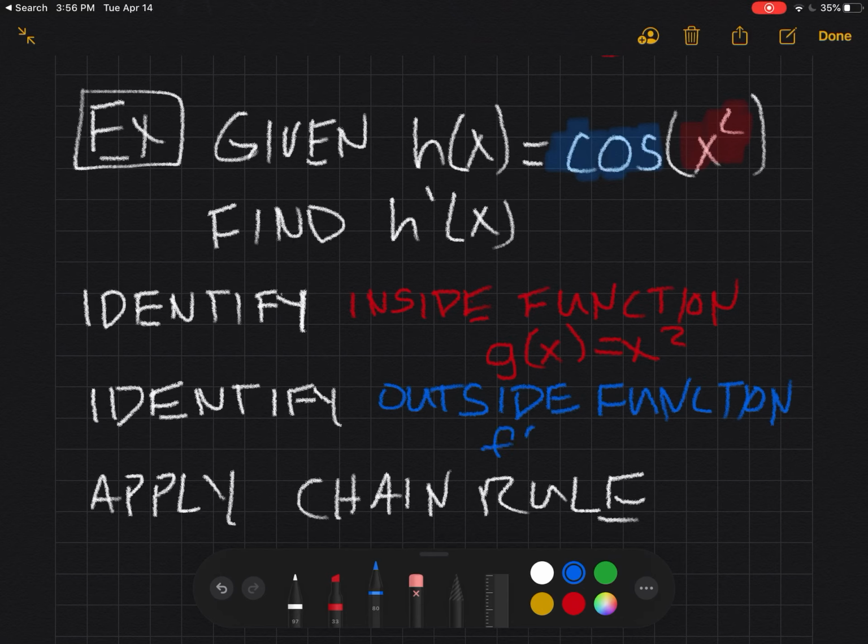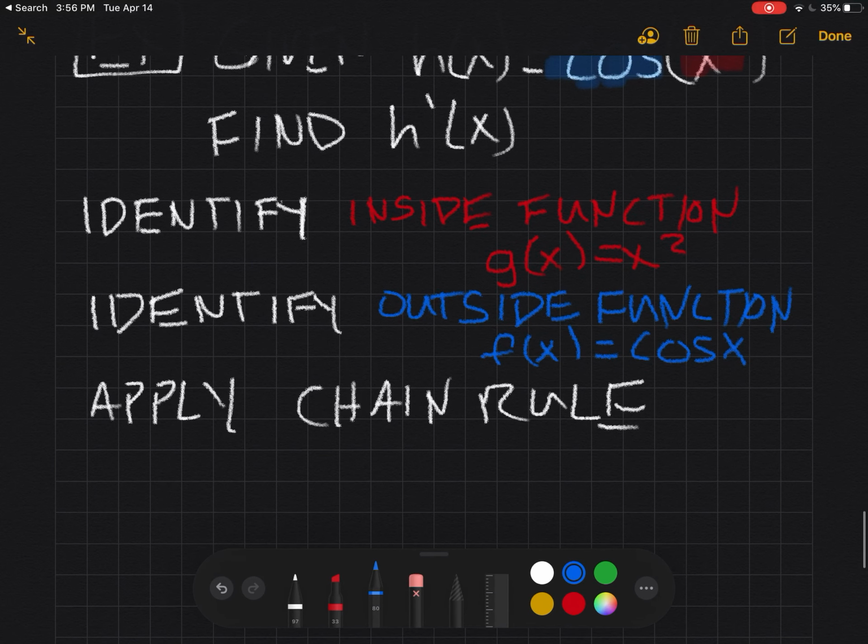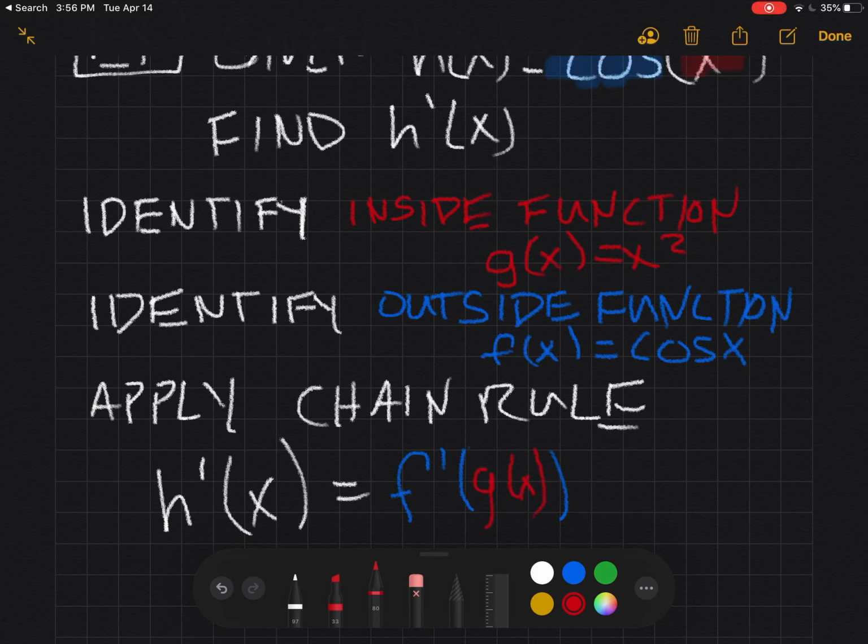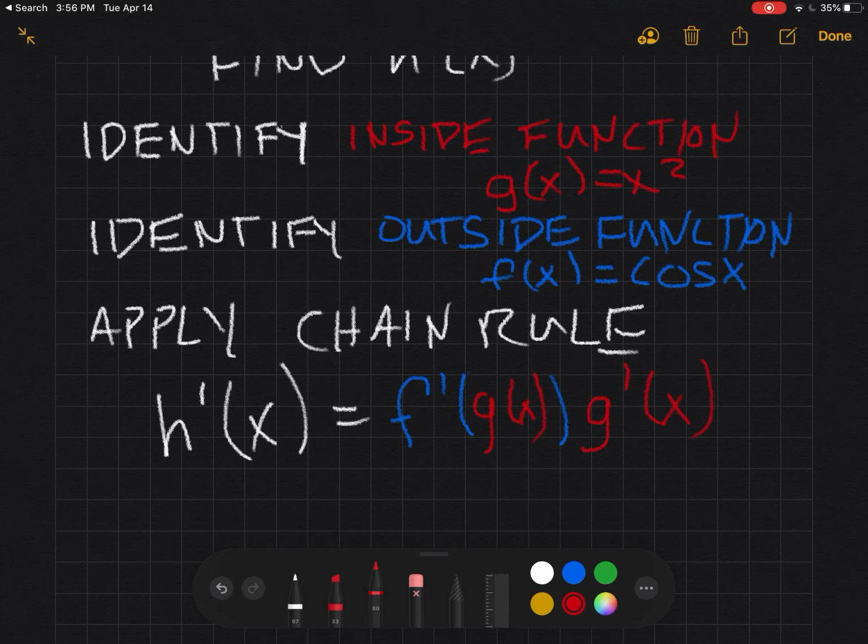So I'm going to start there, and then I'm going to have my inside function. I'm going to say that that's x squared. So here I'm saying my inside function is g of x equals x squared, and my outside function is f of x equals cosine of x. And so now h prime of x is defined to be the derivative of my outside function, f prime, with g of x as its argument, times the derivative, g prime of x.